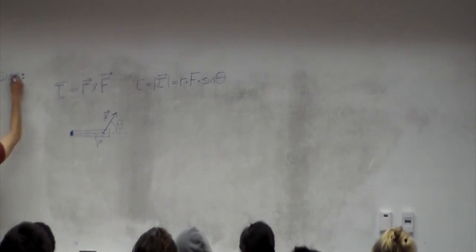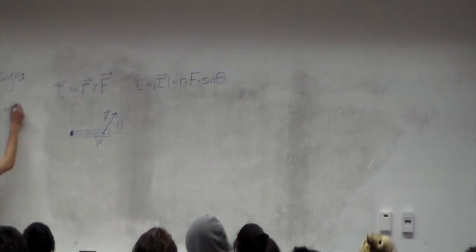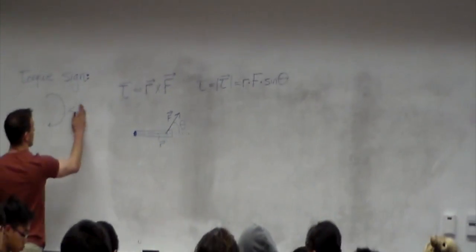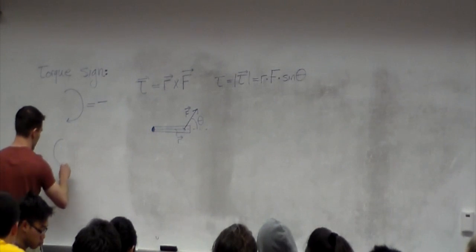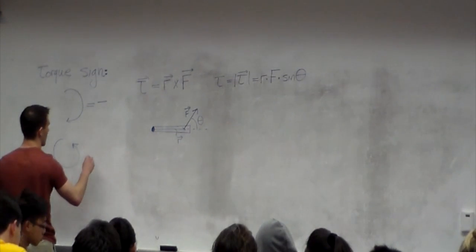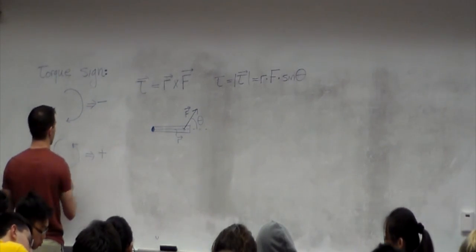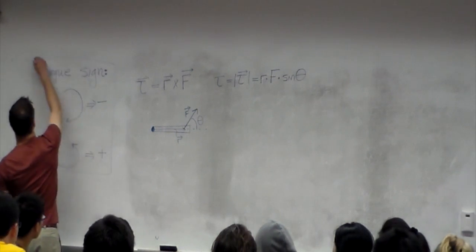This is just for reference over here. A torque that wants to make the system rotate like this is a positive torque. And a torque that rotates the other way is a negative torque. And this guy, that makes it want to rotate counterclockwise, would equate to a positive torque. Okay, so just for reference, when I say positive and negative torque, that's what I mean.